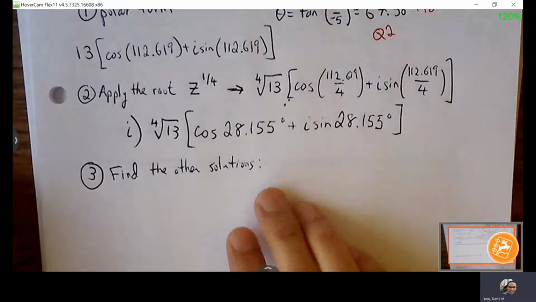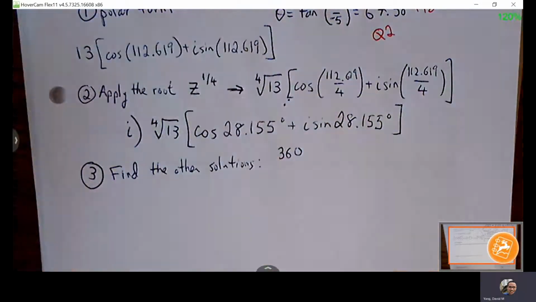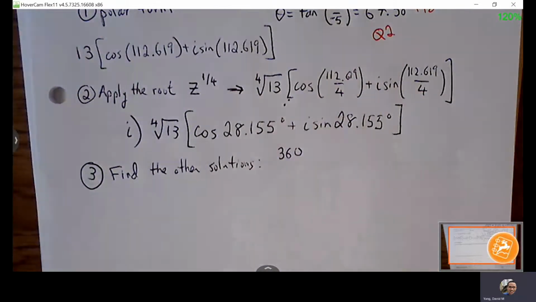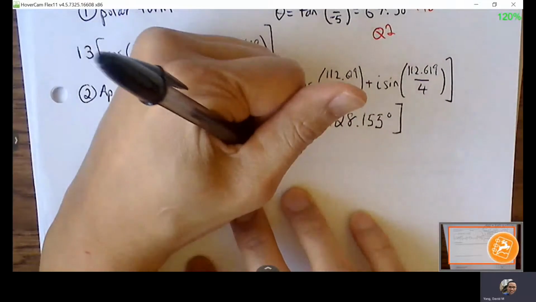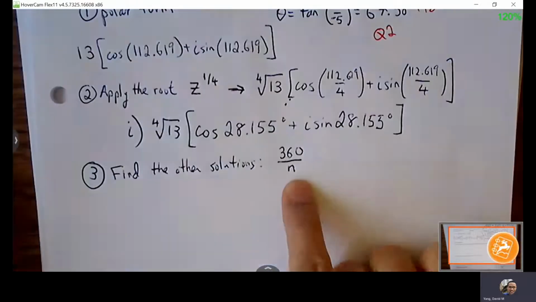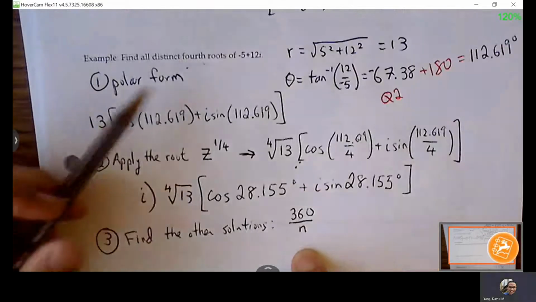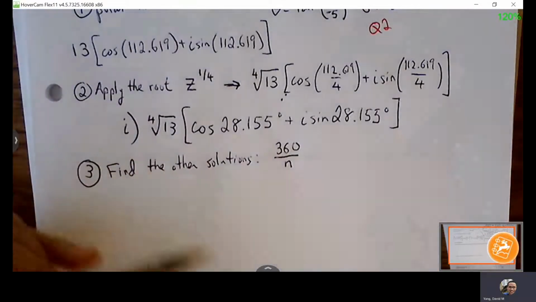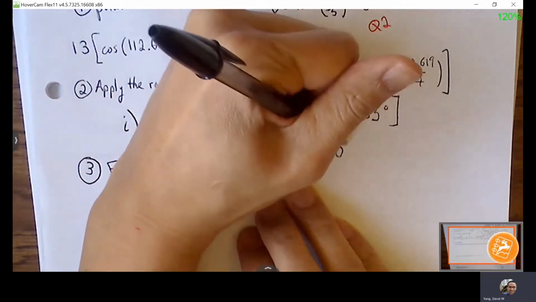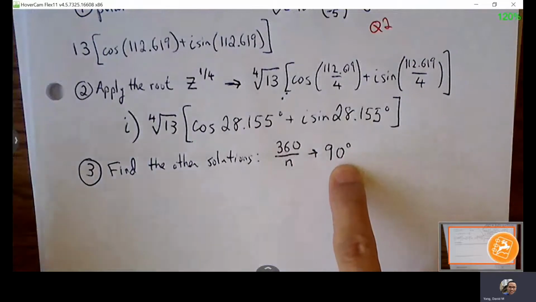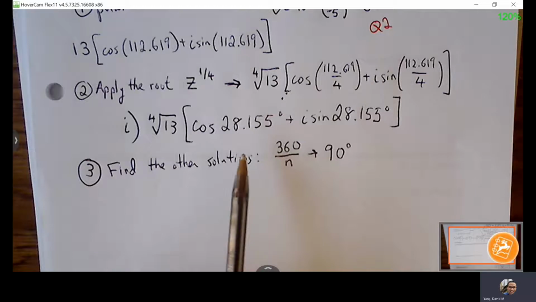So the way you find the solutions is you figure out what the interval is because we have 4 equally spaced solutions. So we're always going to divide by n. In this case, n is what? 4. Okay, so we're dividing by 4 or multiplying by 1/4. And so we get 90 degrees. So this is telling us that all of our solutions are going to be 90 degrees apart from each other.